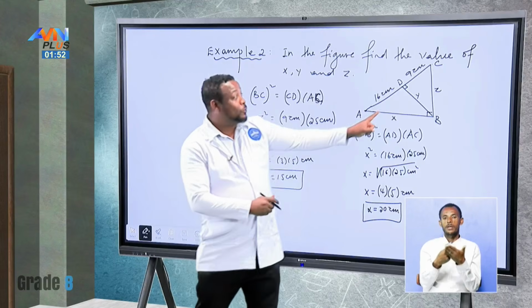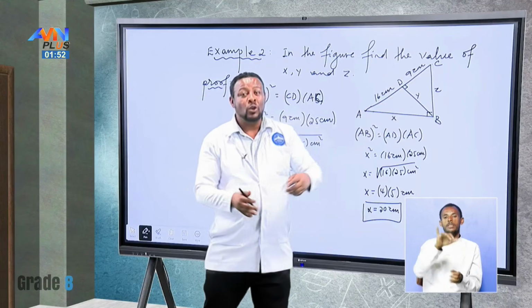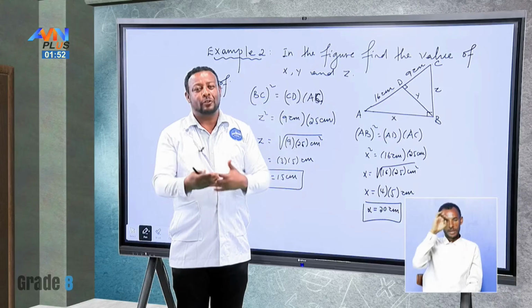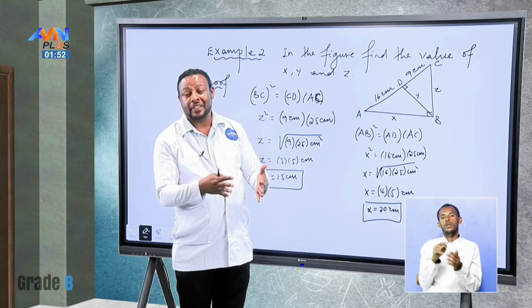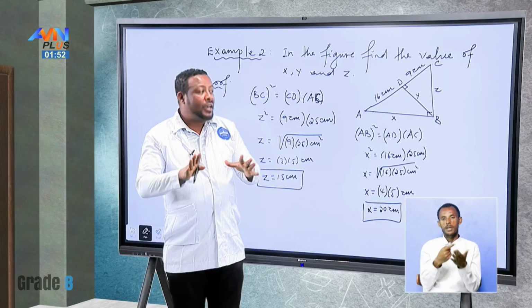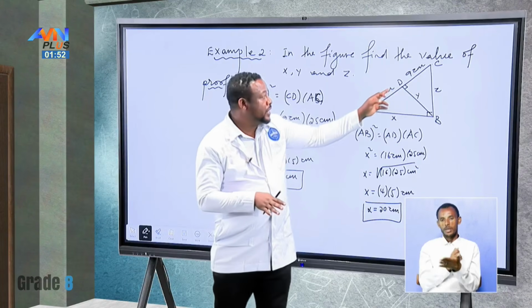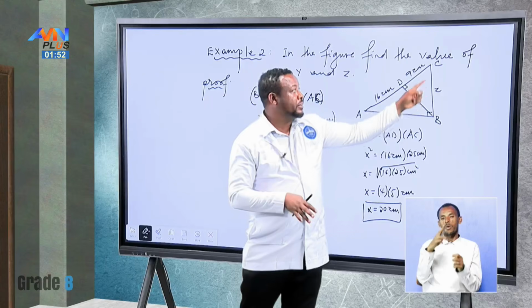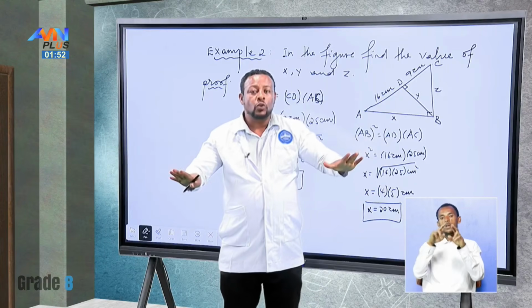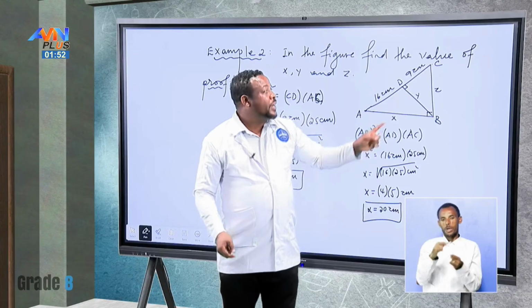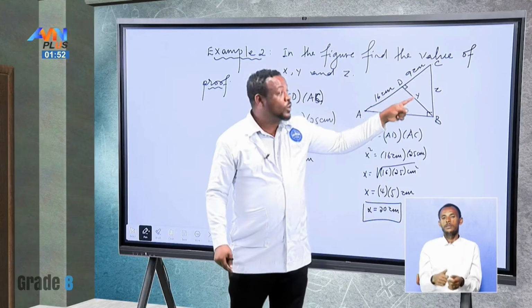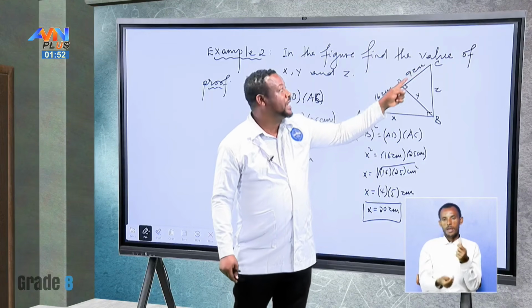Here, to calculate this y value, you may not directly apply Euclid's theorem, but you need to be systematic. Either you take this right triangle or this right triangle, and both ways you will get the same answer. If you are taking this triangle, consider only triangle BDC.